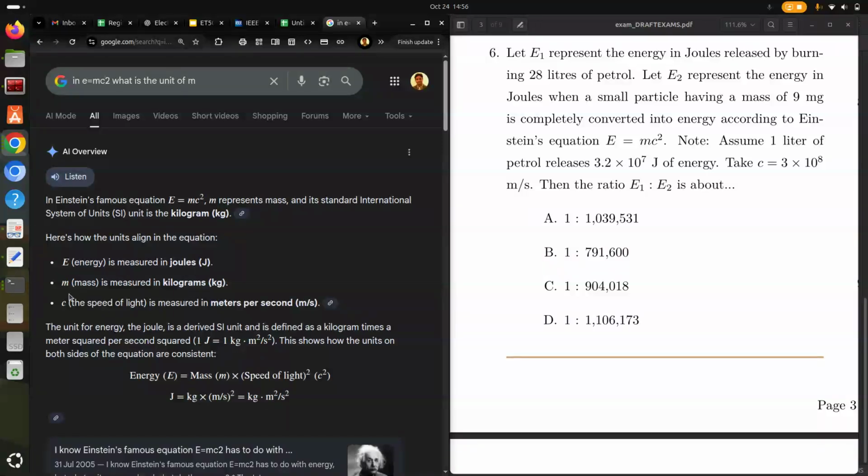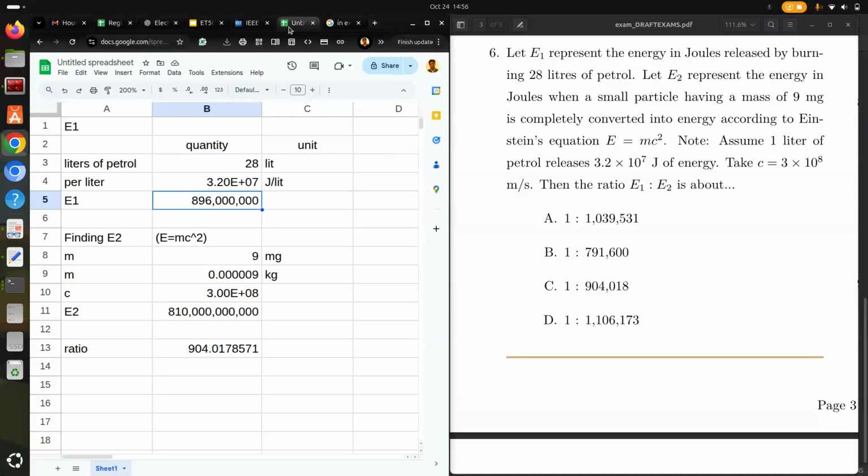Energy is measured in joules, mass is measured in kilograms, and C is in meters per second. So we should take kgs. If you take kgs, what happens? 904, right? Now, what is interesting here in the question is: should we keep 9 milligrams or 9 grams here?